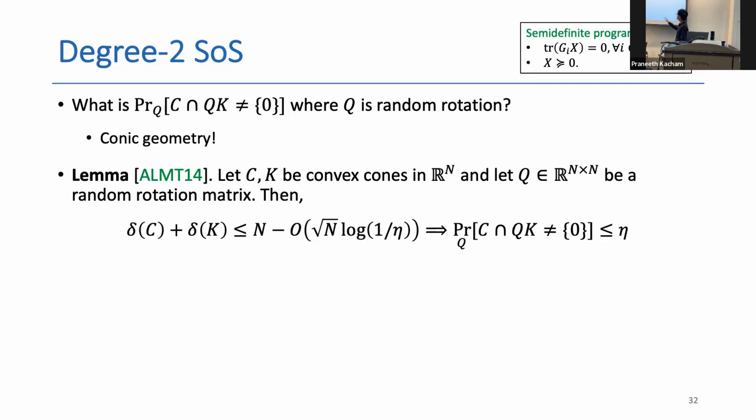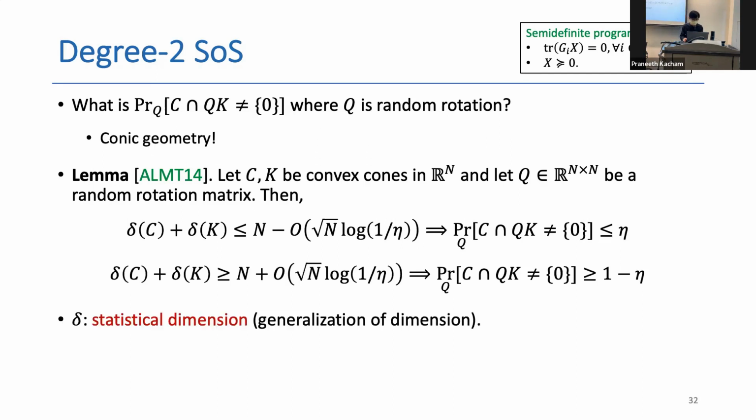Then this probability is governed by delta C plus delta K. Delta is the statistical dimension, and the exact definition is not important here. It's really just a generalization of dimension. For any linear subspace, we know its dimension, so this is a generalization of dimension to convex cones.